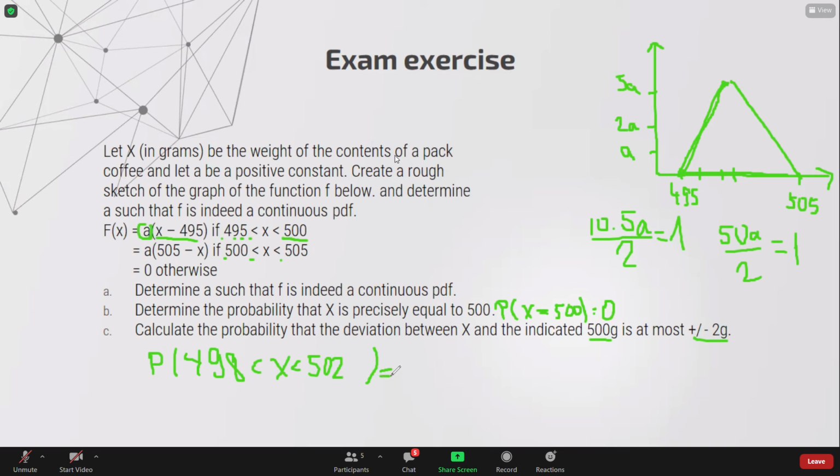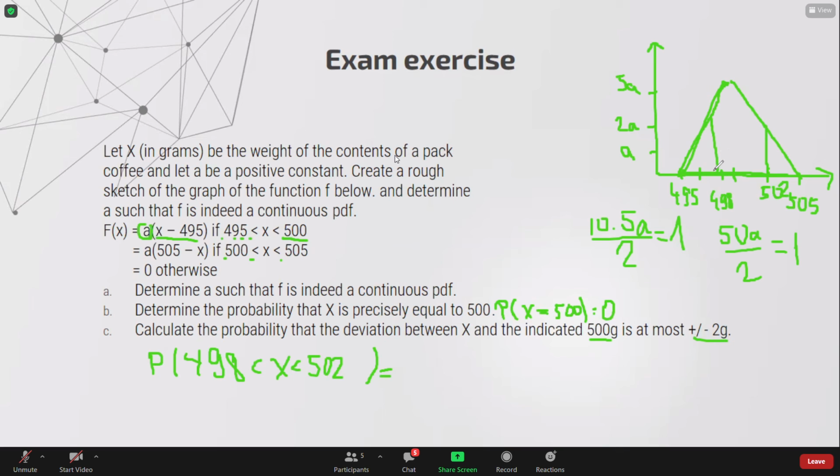And here, we just remember we have a graph. We go to the graph and see how our numbers go there. We have 498, and here we have 502. And what we have to do right now, we just take the areas that correspond to each of those.